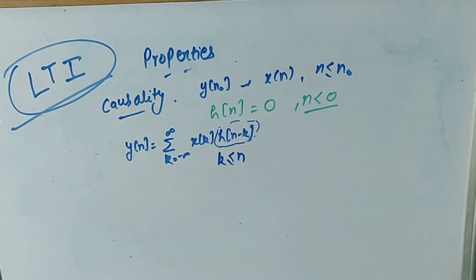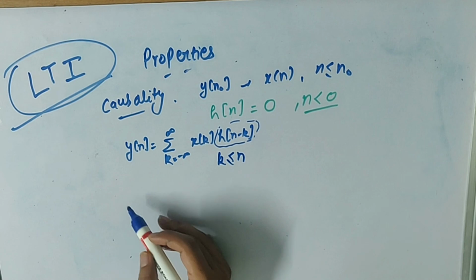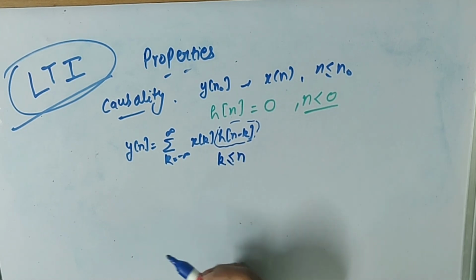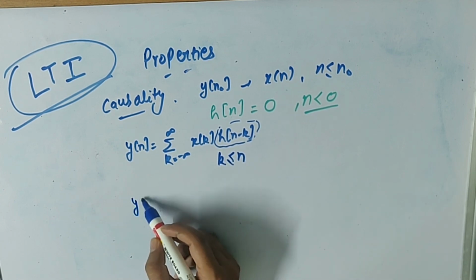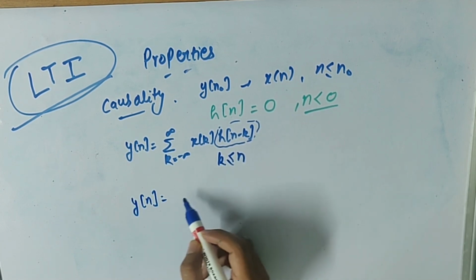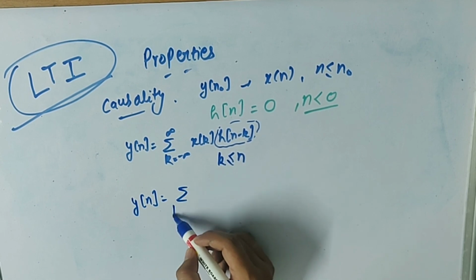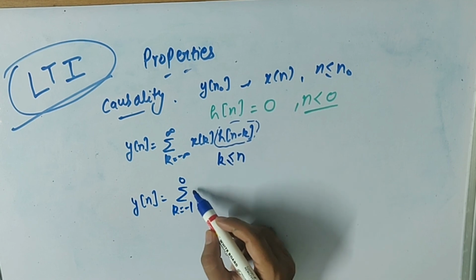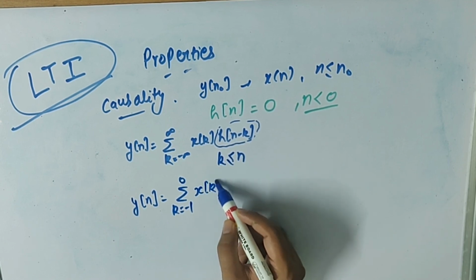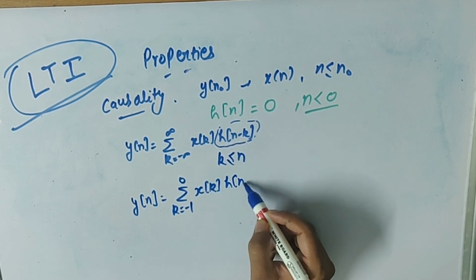Let's understand this in a better way using an example. Let's assume a system such that our equation holds in this way: the summation over k equals minus 1 to 0 of x[k] h[n minus k].